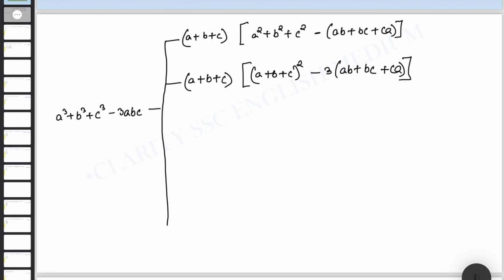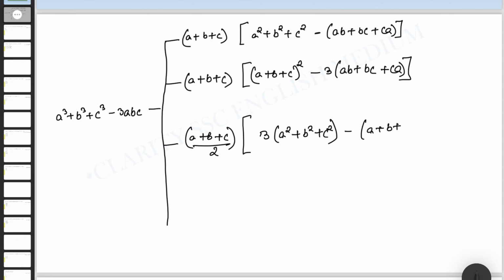The third one is a plus b plus c divided by 2 into thrice a square plus b square plus c square minus a plus b plus c whole square.